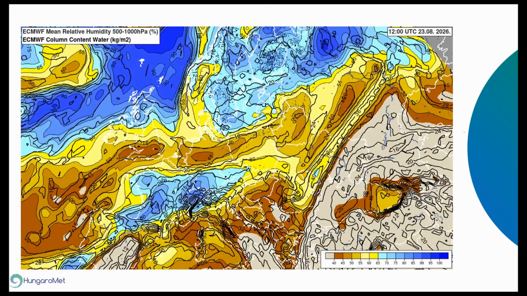And this is how we're going into the next week. In the north, we're expecting a bit more humidity, but towards the southeast specifically, we're expecting drier air, which is likely to affect crops and everything.